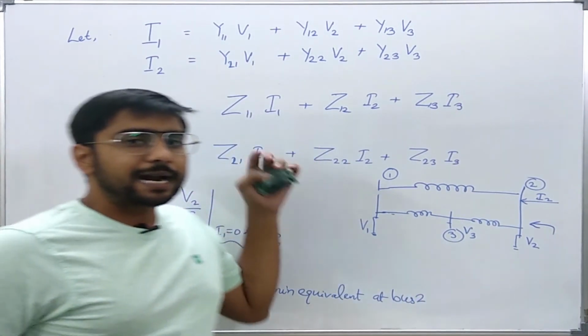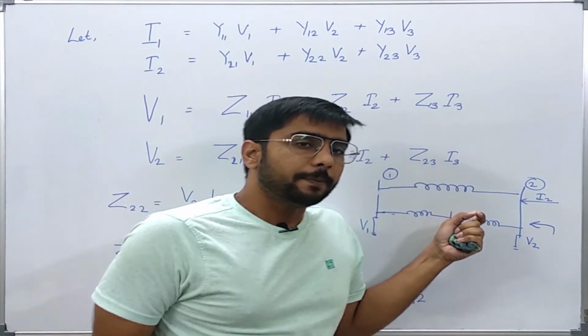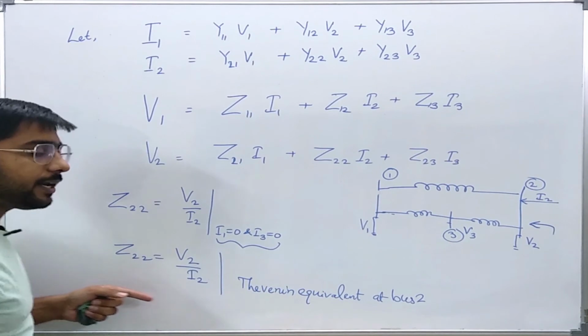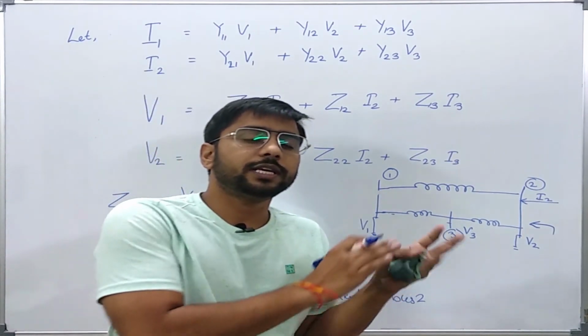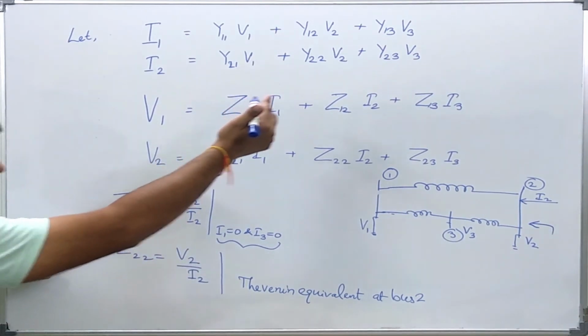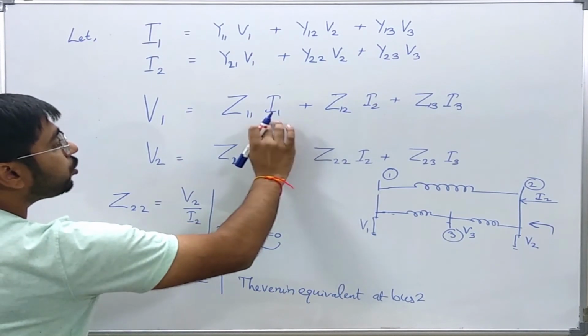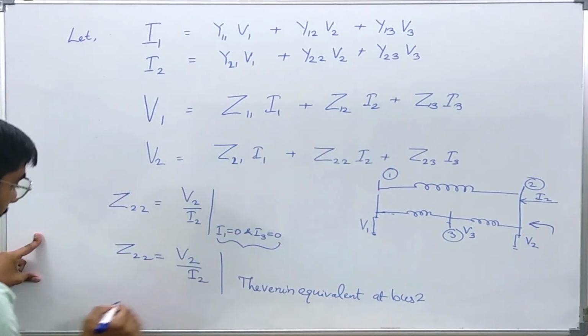From the admittance matrix we could draw the equivalent passive network, but from the impedance matrix it is not possible to draw the equivalent passive network, because if I want to see that, I need to find, let us say, Z12.